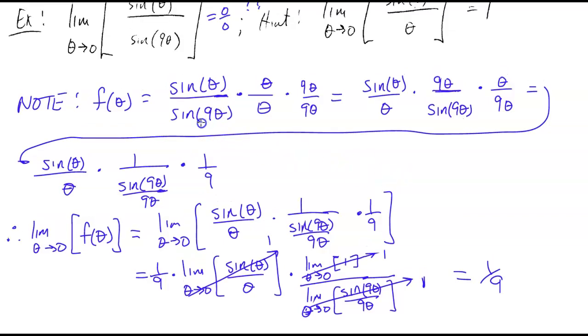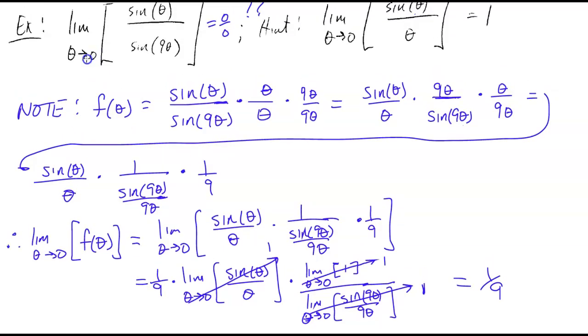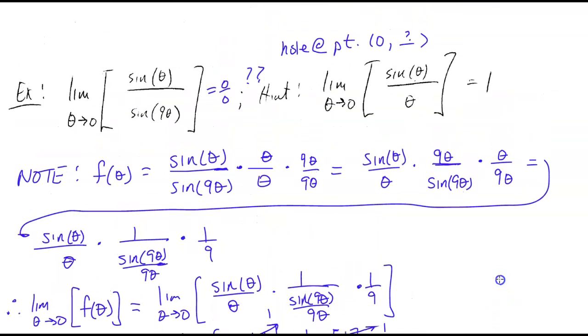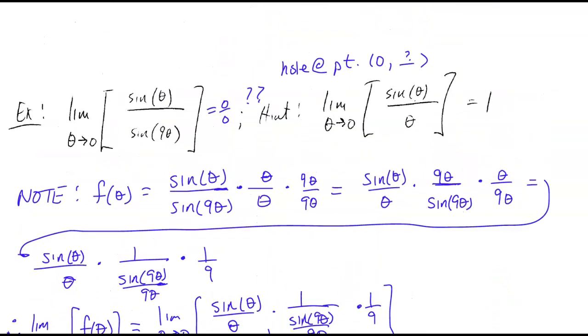So we see that the limit of this function as theta approaches 0 from both the left and the right ends up being 1/9. What that tells us is that the graph of this particular function, sine theta over sine of 9 theta, has a hole in its graph at the location (0, 1/9).